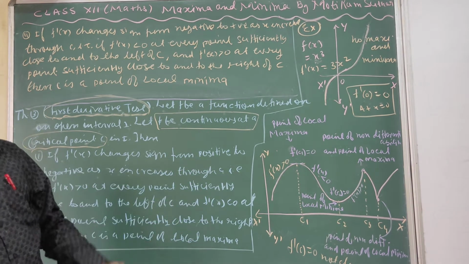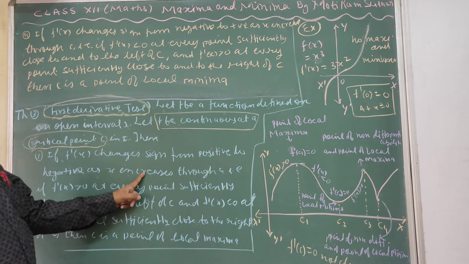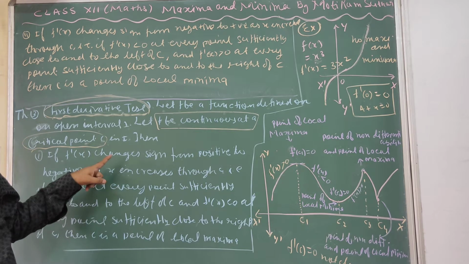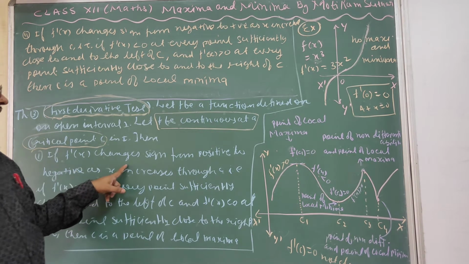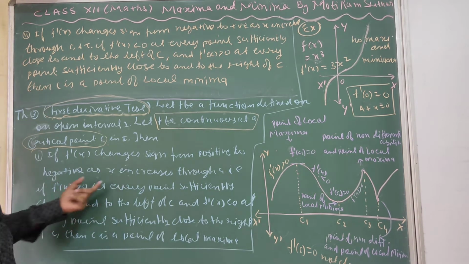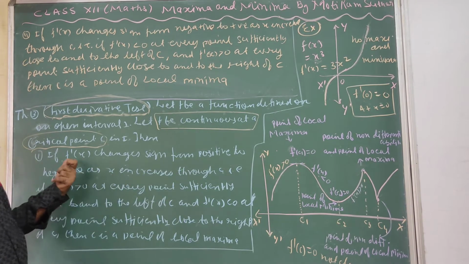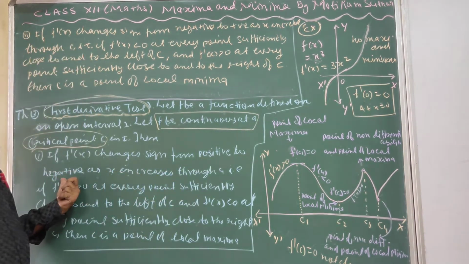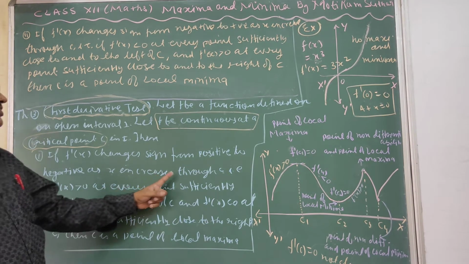It means decreasing. x is increasing, but f dash x is decreasing. In other words, if f dash x changes sign from positive to negative as x increases through c.